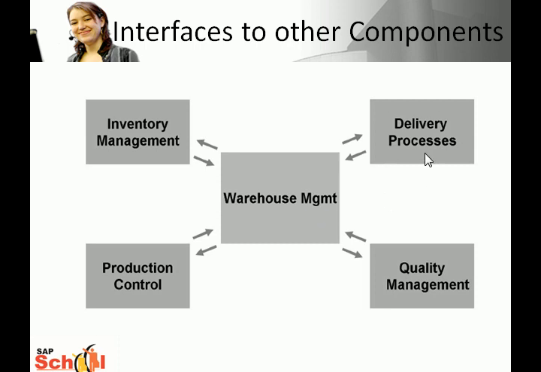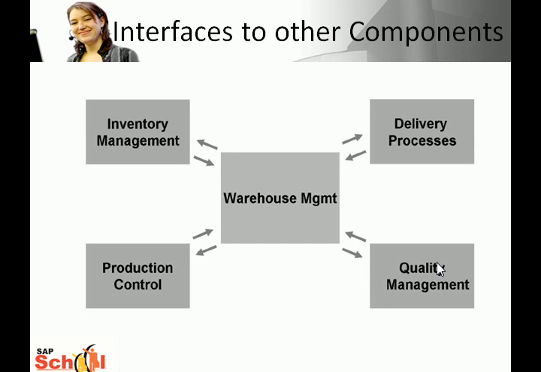The connection to delivery processing within LE plays a particularly significant role in sales order processing. Generally, goods are picked on the basis of outbound deliveries. And if you want to provide a regular supply of components to production, that's where the interface with production control comes into play.